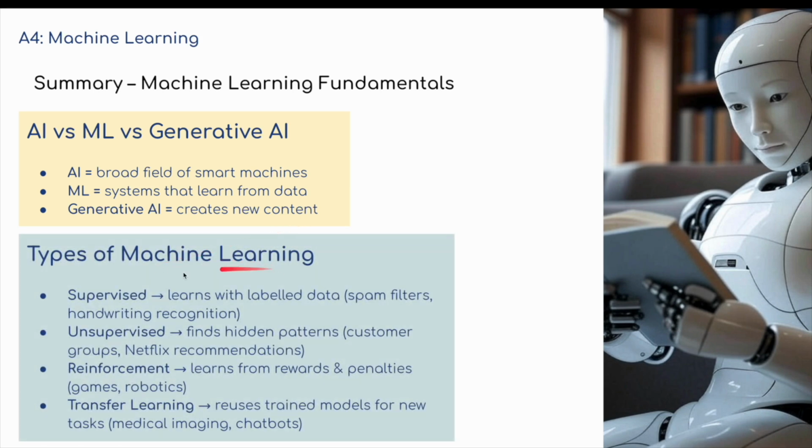Types of machine learning, we said there was supervised, which learns from labeled data, spam filters, handwritten recognition. Unsupervised finds hidden patterns, customer groups, Netflix recommendations. Reinforcement learning learns from rewards and penalties, games, robotics. Transfer learning reuses trained models for new tasks, medical imaging, chatbots.